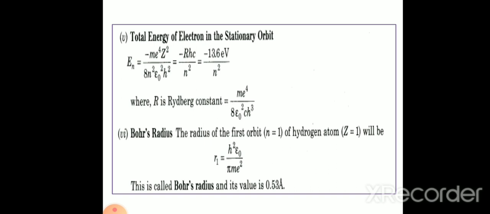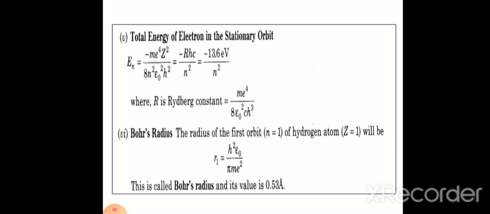Here the constant m e raised to 4 divided by 8 epsilon 0 square c h cube is the Rydberg constant, which we will be discussing later. Also, there is an important topic called Bohr's radius. That is the radius of the first orbit, or n equivalent to 1 of a hydrogen atom.